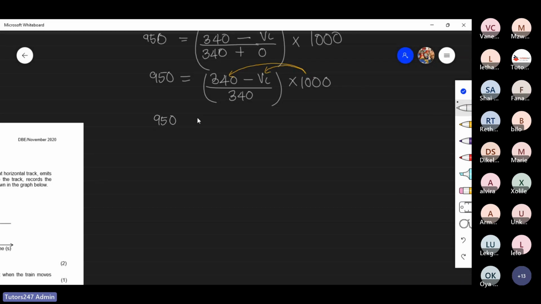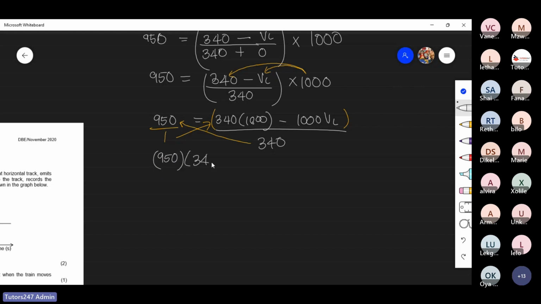So that is then going to be 950 equals (340 times 1000 minus 1000 VL) all over 340. From here we can cross multiply, so we know this is over 1, multiply with that. 340 will multiply with the 950, so that is going to be 950 times 340 equals 340 times 1000 minus 1000 VL.